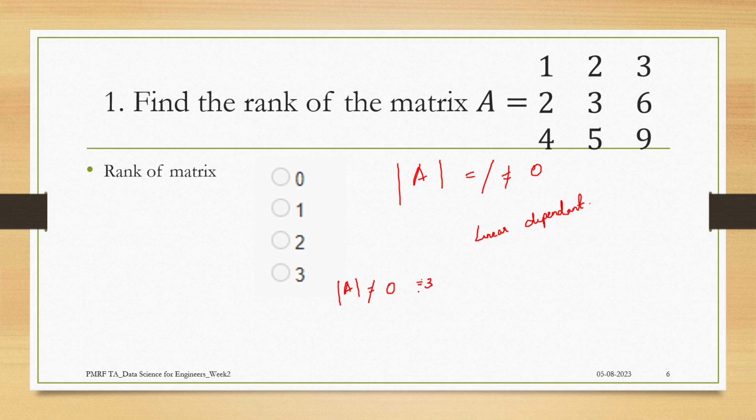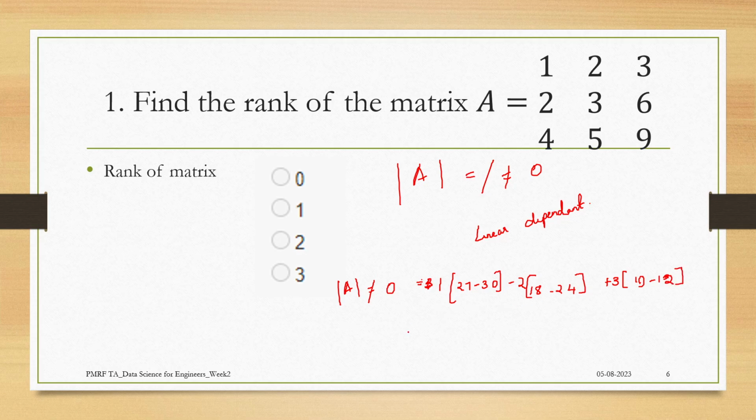Let me calculate. So 1 into 27 minus 30, minus 2 into 18 minus 24, plus 3 into 10 minus 12. Some are saying 15.